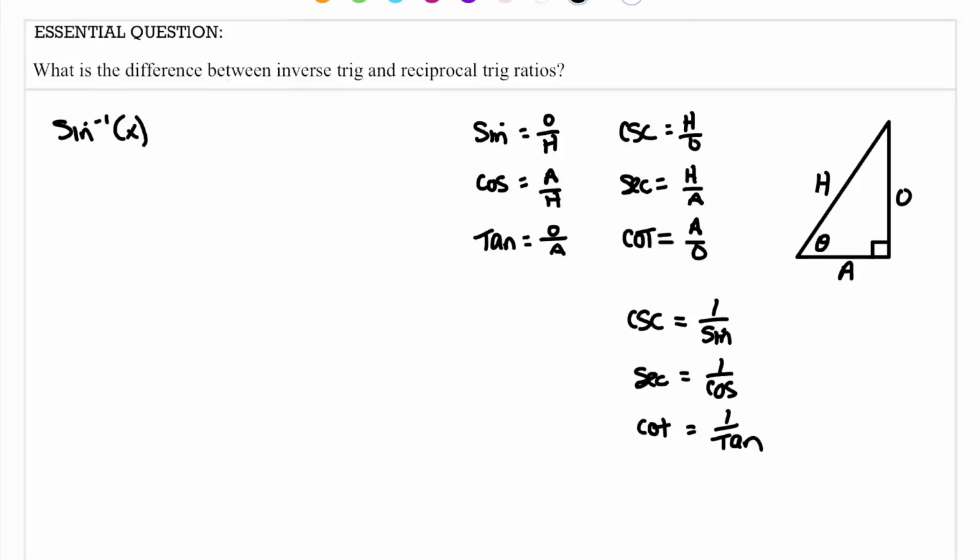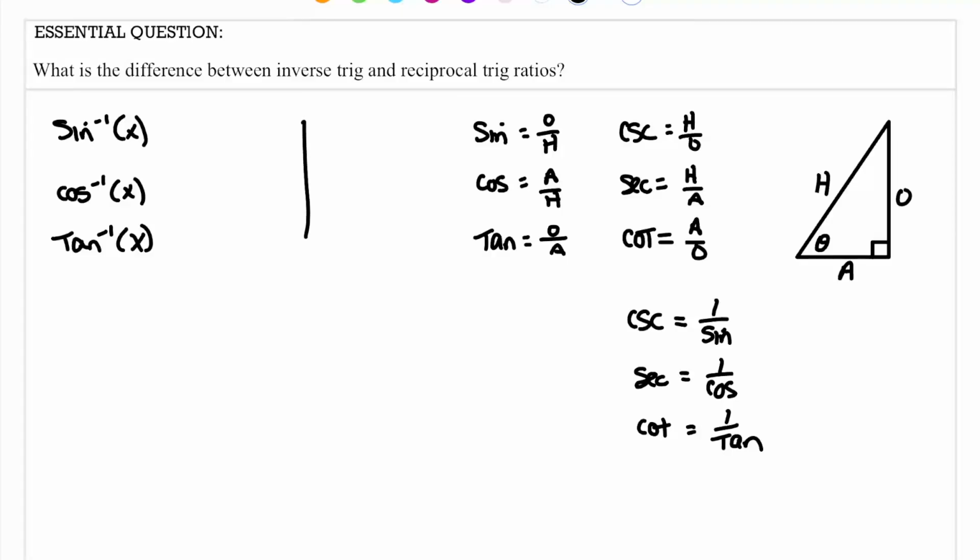So you've got inverse sine, inverse cosine, and inverse tangent. And this now changes what you're actually looking for. With the inverses, you're trying to find a missing angle. With the reciprocals, you're just switching what angle or what side you're looking at as the numerator versus the denominator.